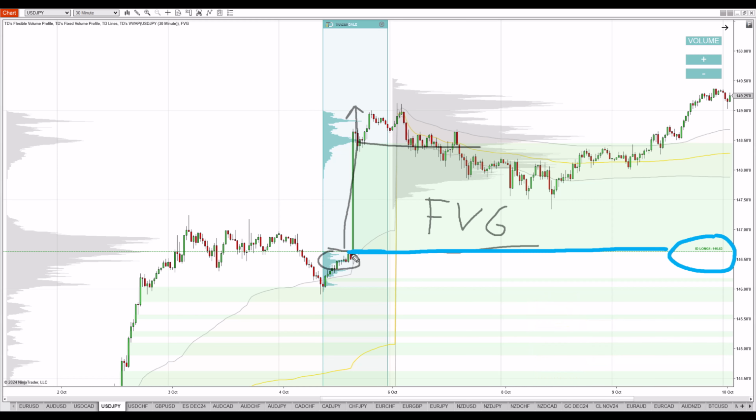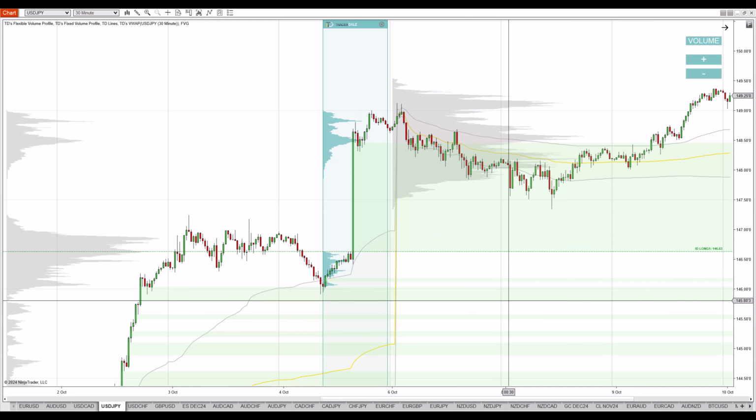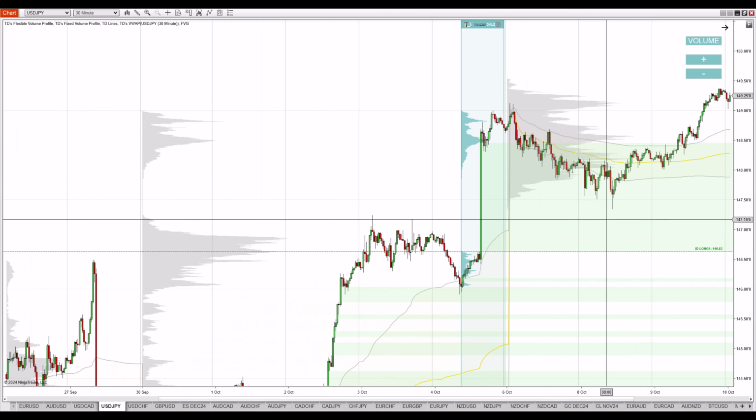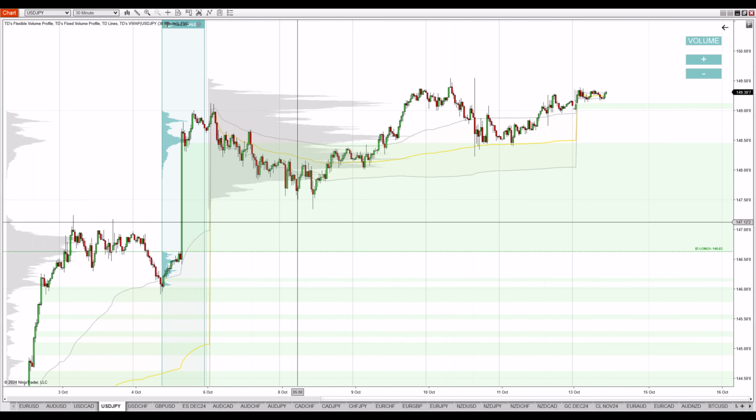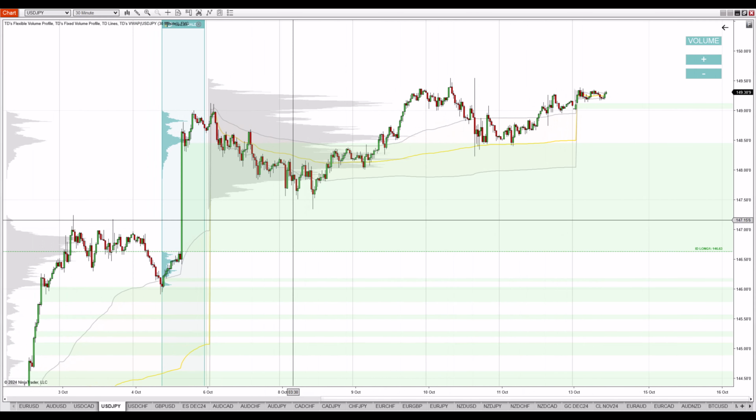So if it was just the volumes, I wouldn't trade this, but because there is this fair value gap, this makes this level way stronger. All right, it's always about the confluences or the combos that make strong levels. So that's for the US dollar Japanese yen.